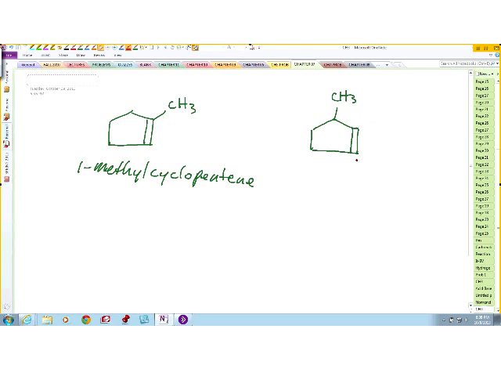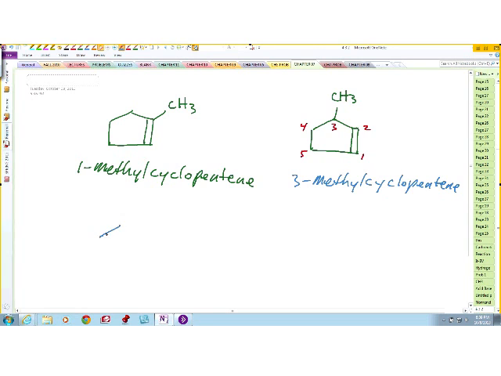No. So keep in mind you give the double bond the lowest possible number. Okay, so this is 1, 2, 3, 4, and 5. So that becomes 3-methylcyclopentene. Once again, you don't need to indicate the position of the double bond if you only have one double bond in the ring system.